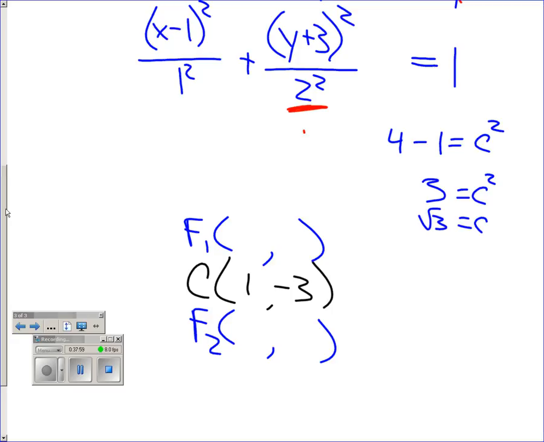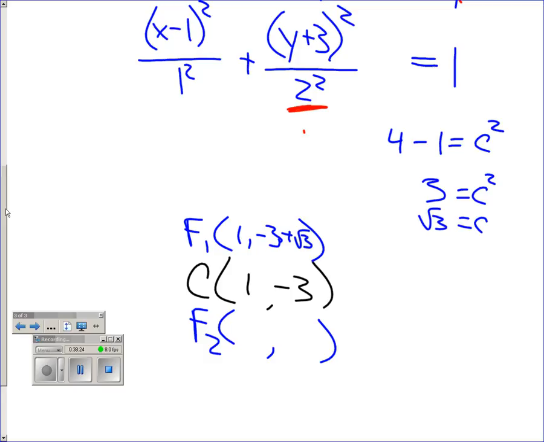All right, so what are the foci here? What's focus 1? 1 comma negative 3 plus root 3. Negative 3 is here for the y value, all right?